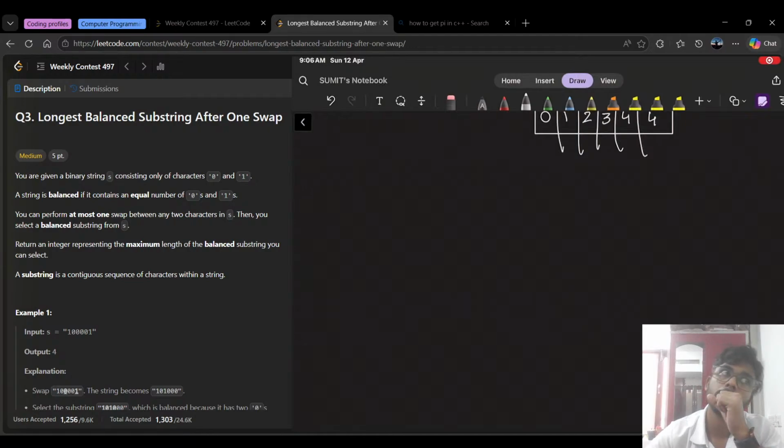If the difference is two, like 5 minus 3, so how can I swap ones?